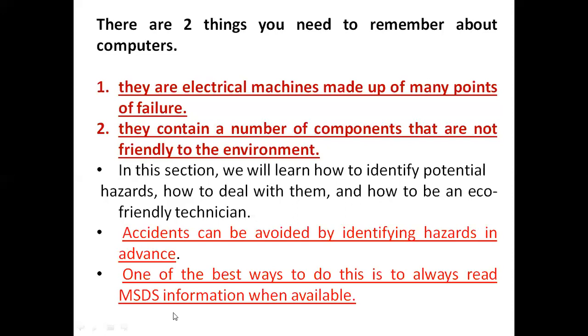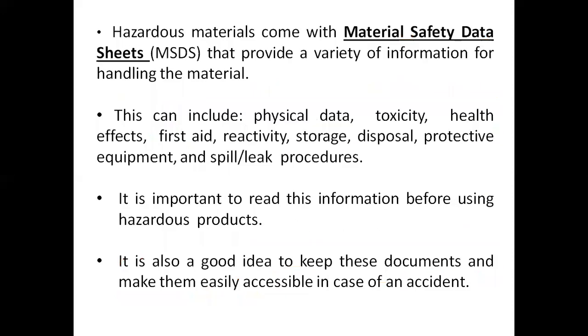It contains all the materials which can be hazardous and how we can prevent this. And what computer equipment contains what kind of material, and what can be its effect on the human body or environment. So hazardous materials come with a material safety data sheet that provides a variety of information for handling the material.